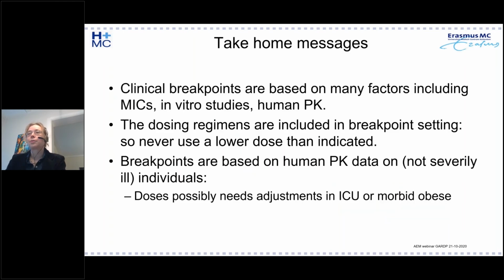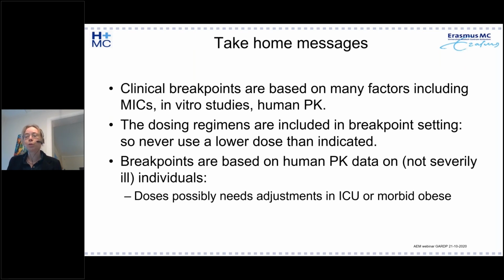So I think there are a few important messages to remember here, and that is that clinical breakpoints are really based on many factors, and that includes data on MICs, on studies in vitro, but also on human PK. So there's a bunch of data behind the numbers in the EUCAST breakpoint tables.